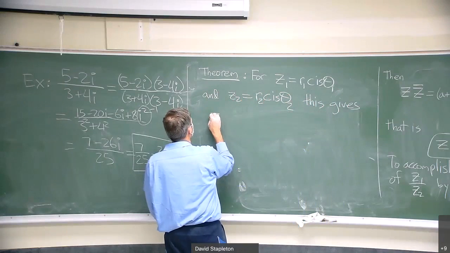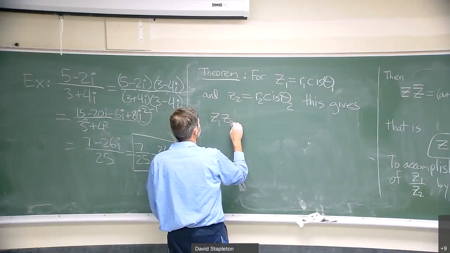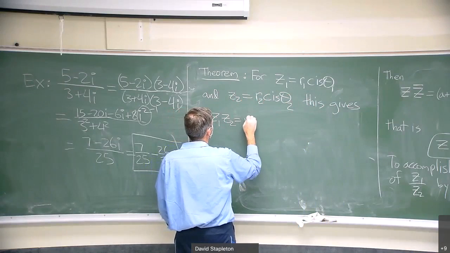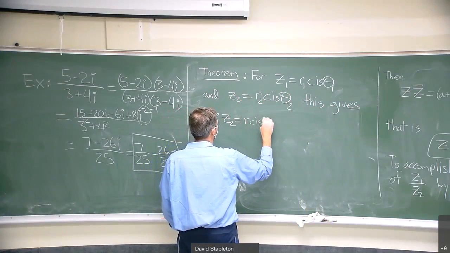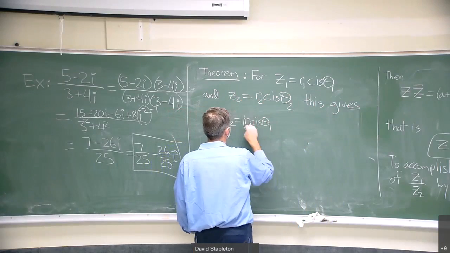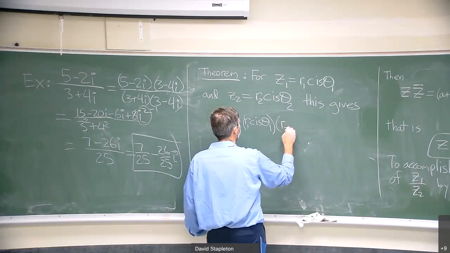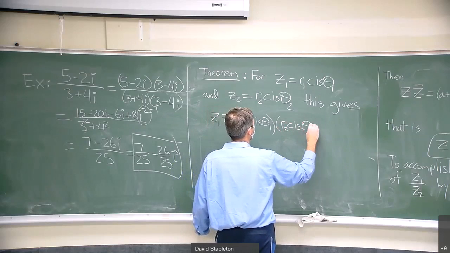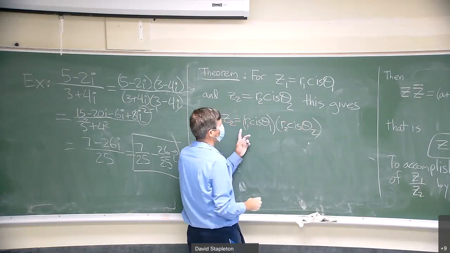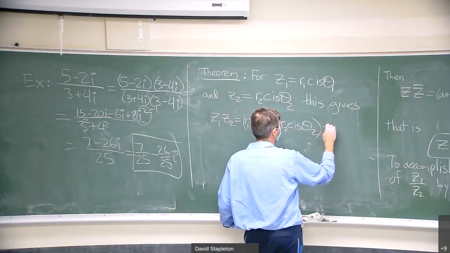If I take Z1 times Z2, what happens? Well, I'm taking R1 times cosine plus I sine theta 1 times R2 times cosine plus I sine theta 2. And I'm multiplying in order, so I'll just multiply R1 times R2.